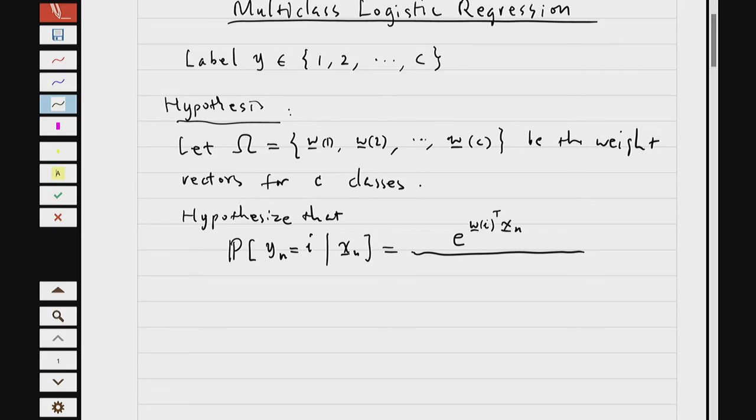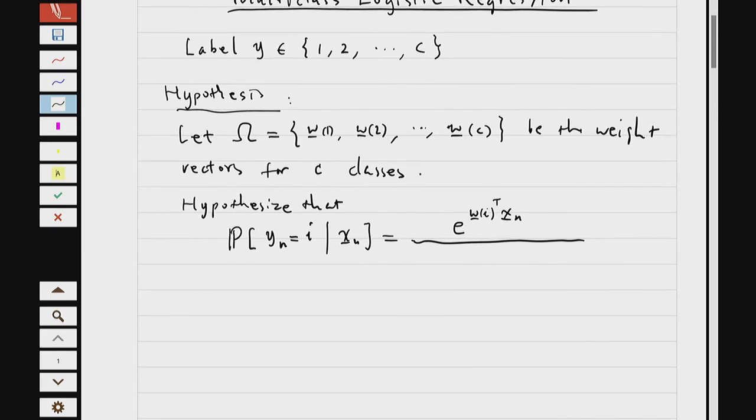So you pick the i-th weight vector. And then at the bottom, the normalizing term is simply the sum of all of these e to the power of wj transpose xn, where the index is j. We hypothesize that this is true for all i, for all classes.